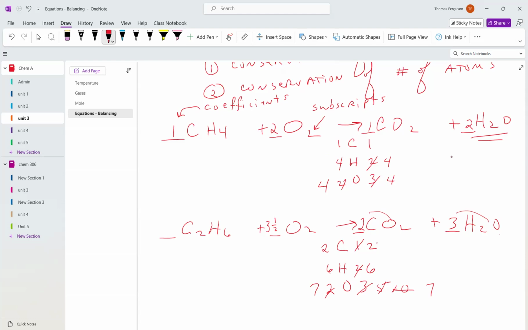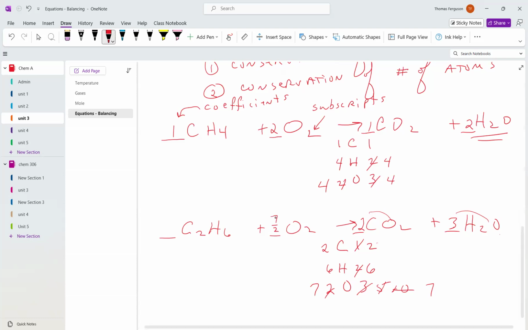How can we rewrite 3.5 to be an improper fraction? Perfect. Let's hold that thought. Okay, 3.5 is the same as 7 halves, right?